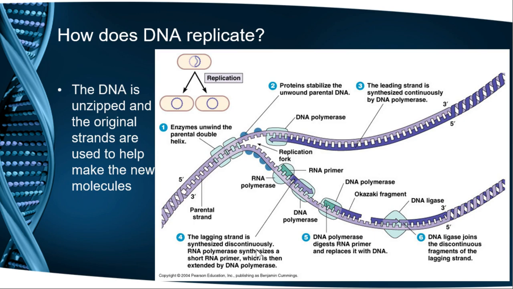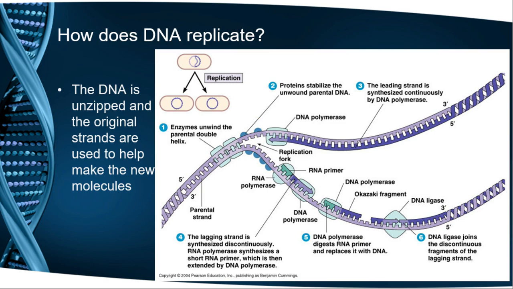We're just going to say enzymes and cluster them into a little category together. Those enzymes unwind, they unzip, right? And one of the big things that they have to do is make sure that you don't get weird coils later on. Then you're going to have some proteins that will stabilize that unwound DNA so that it can be replicated. You've got to hold it open, essentially.